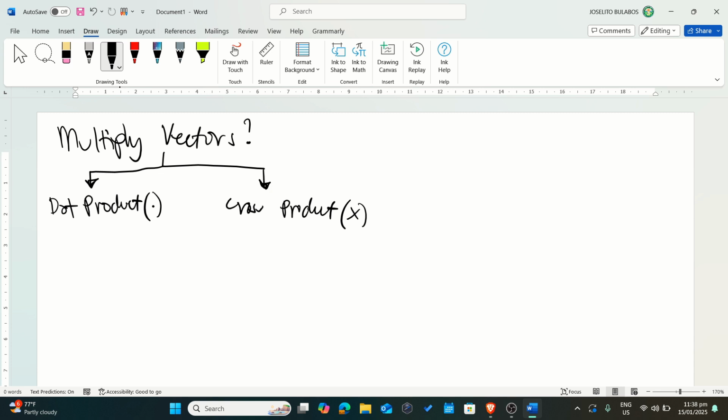The only difference between the two is that this one yields a scalar output, while this one produces a vector output.